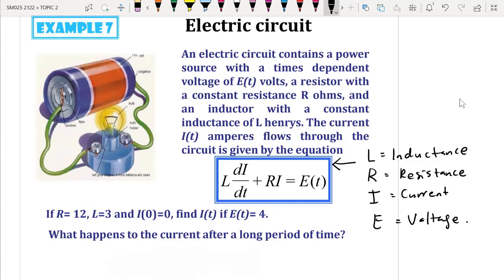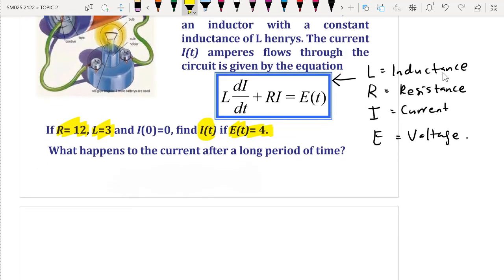Normally for this type of question, values for inductance, resistance, and voltage will be mentioned in the question. They will mention all the values, and then you just have to find the current equation I in terms of t.